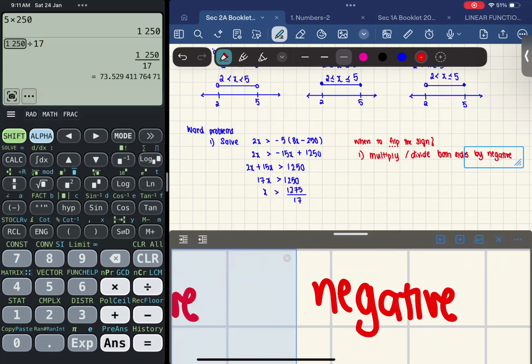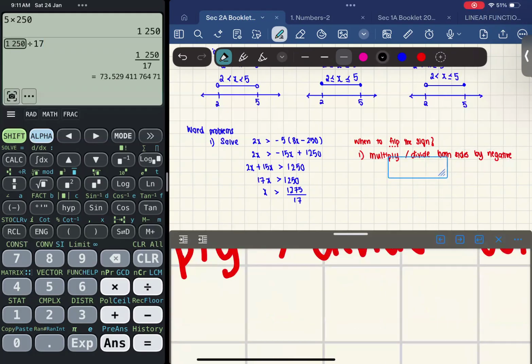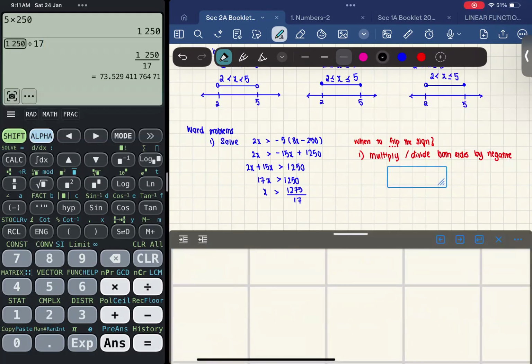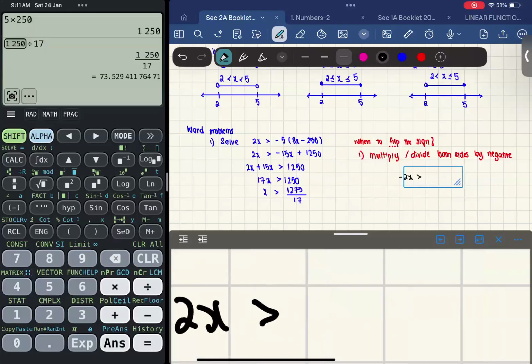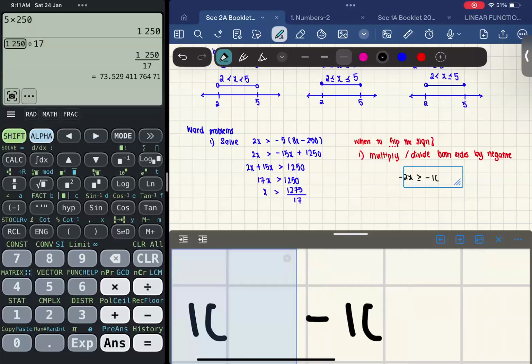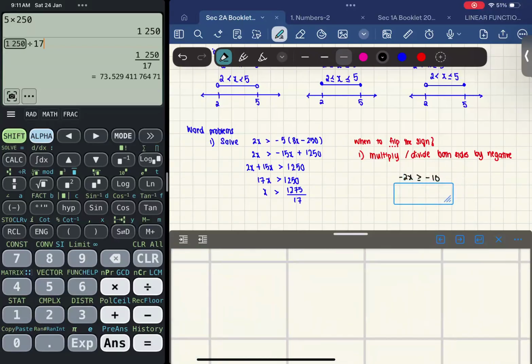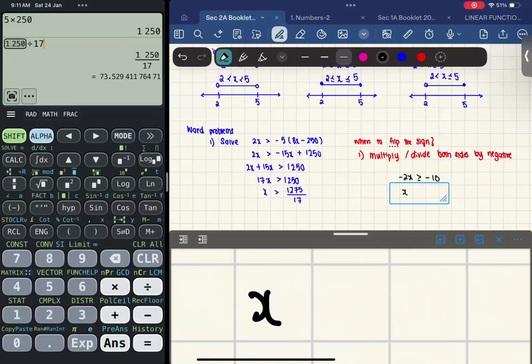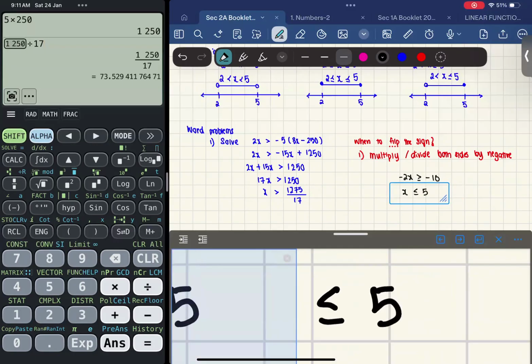Some of yours you cannot get it. When you multiply or divide both sides by negative. So for example, if you have negative 2x is more or equals to negative 10, x is less or equals to 5. Okay, the sign will flip to the other side because you divide both sides by negative 2.